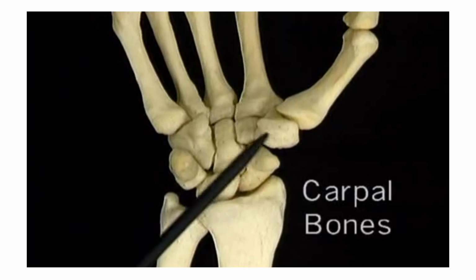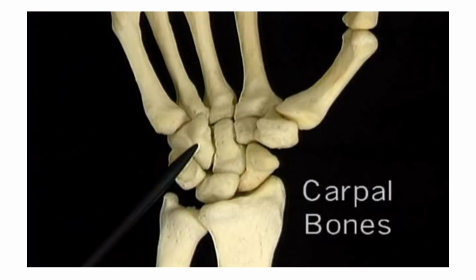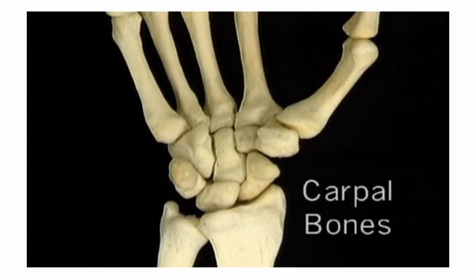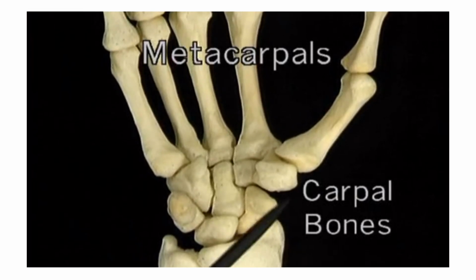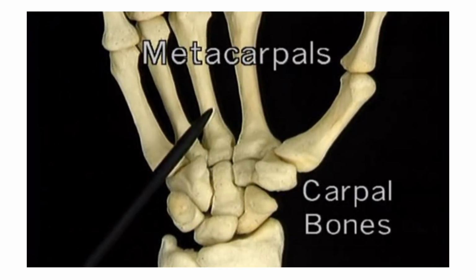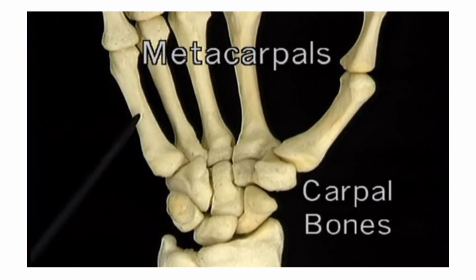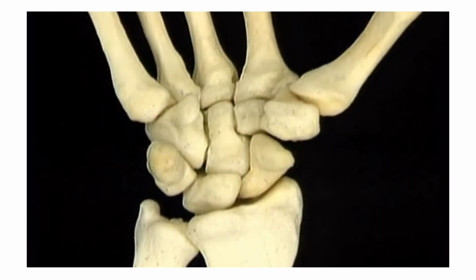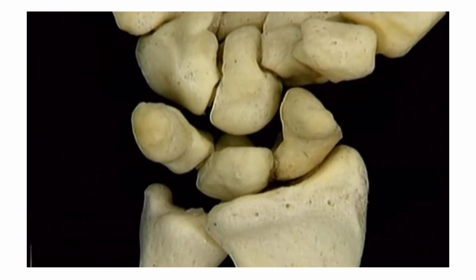Eight small carpal bones form the carpus. Distal to the carpus are the metacarpal bones, numbered 1, 2, 3, 4, and 5. The carpal bones are in two rows, a proximal and a distal.